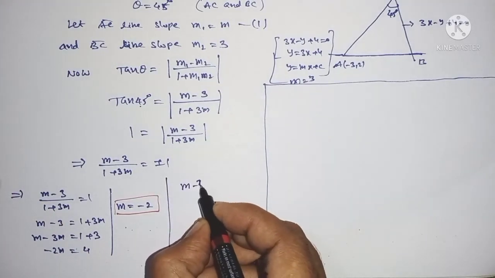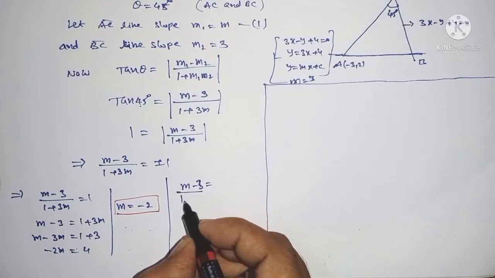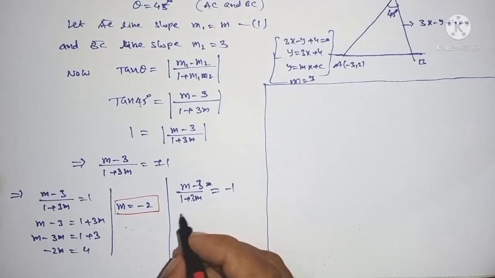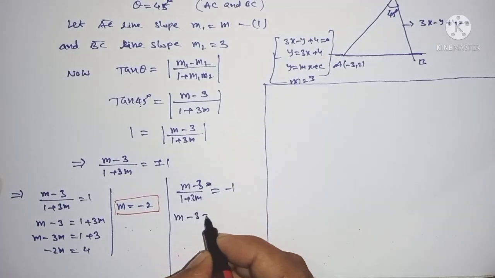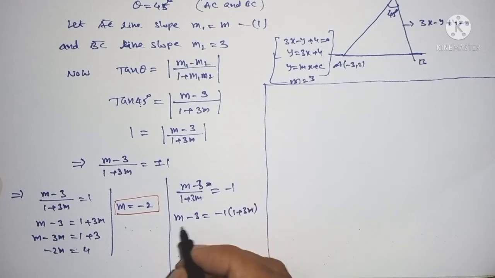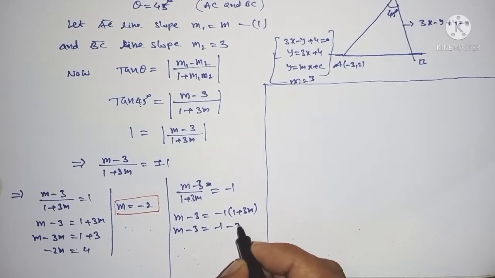m minus 3 is equal to minus 1 of 1 plus 3m, or I can write here m minus 3 is equal to minus 1 minus 3m.